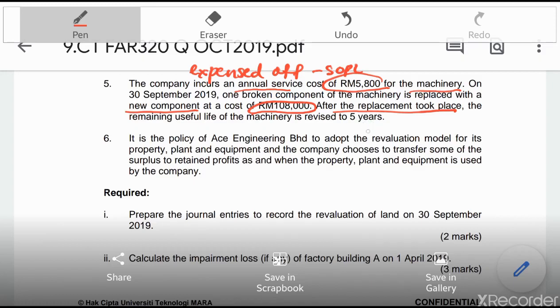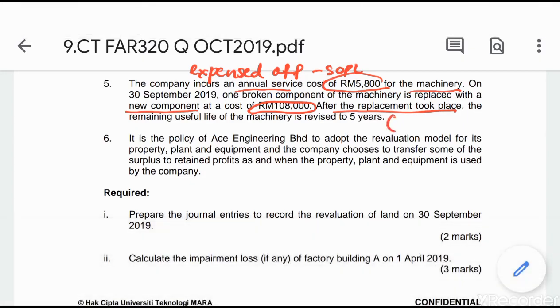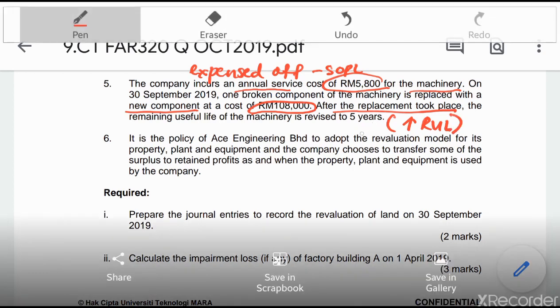So if you go through later, you will notice that there will be some increase in the remaining useful life. So increase in the remaining useful life is one of the features that you relate to what you call enhancing future economic benefits beyond its existing component.